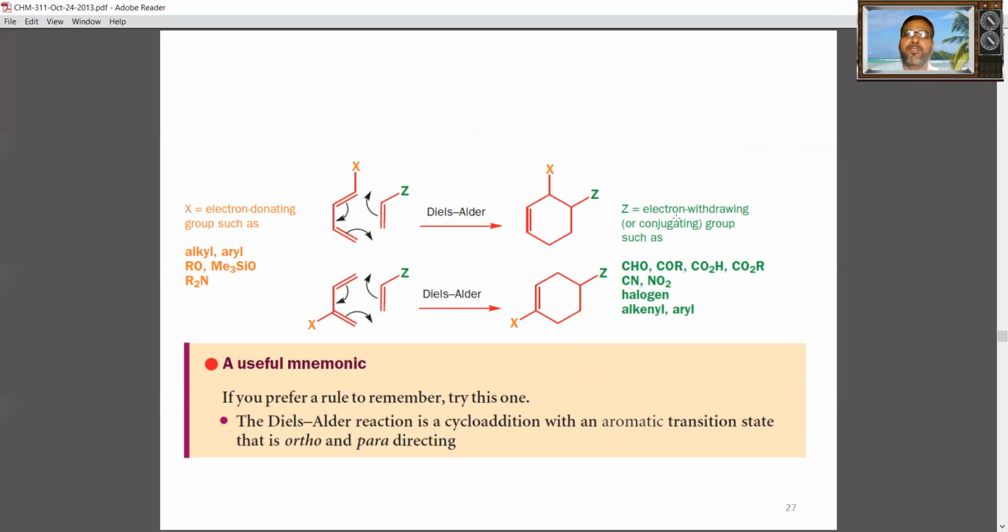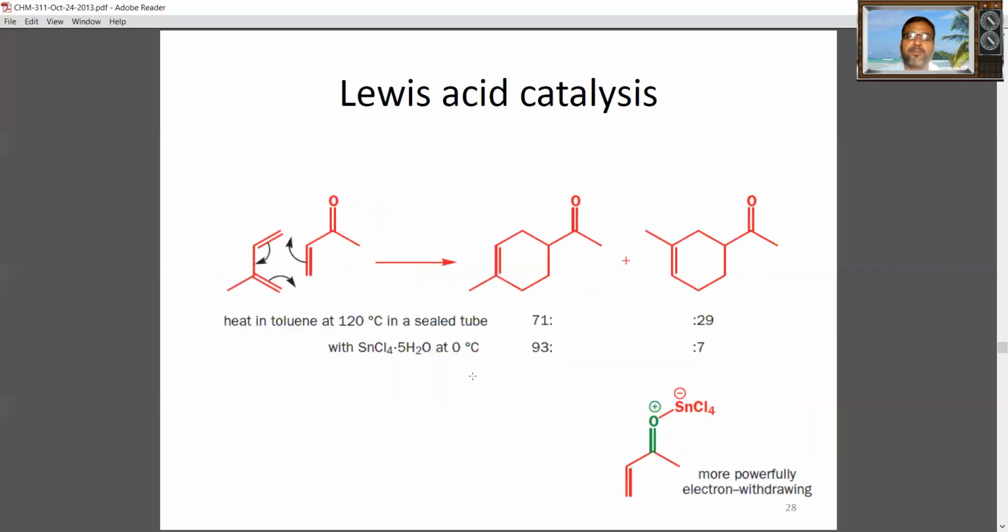Z is an electron withdrawing or conjugating group, such as these groups: CHO, COR, COOH, CO2R, CN, NO2, halogen. It is so useful. If you prefer a rule to remember, try this mnemonic: a pericyclic reaction with an aromatic transition state gives the ortho and para direction.